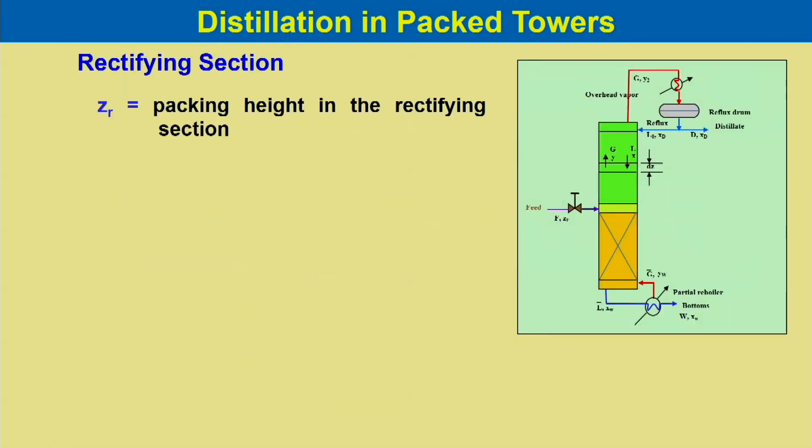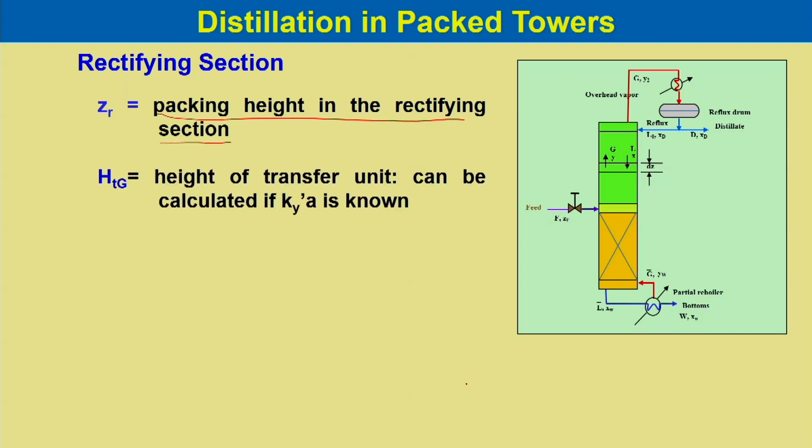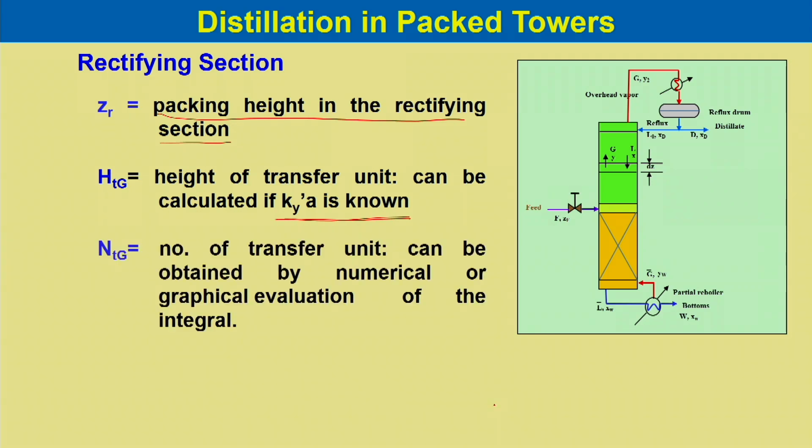Now, Zr is the packing height in the rectifying section and HTG is the height of the transfer unit and can be calculated if Ky dash A is known. NTG is the number of transfer units and can be obtained by numerical or graphical evaluation of the integral.